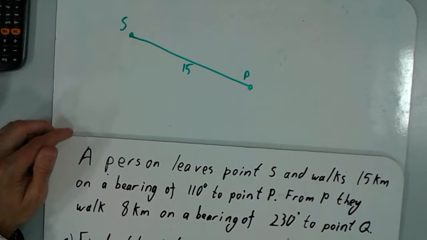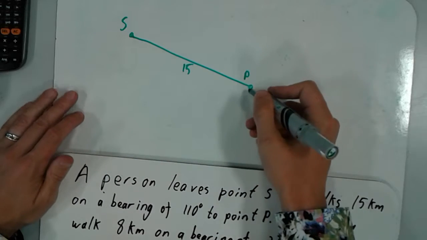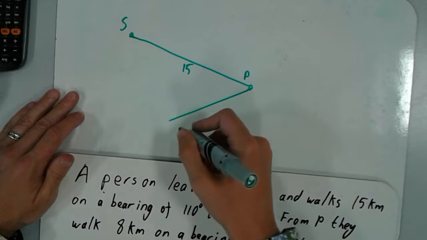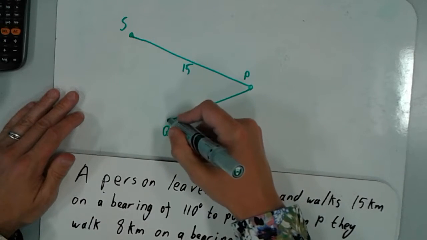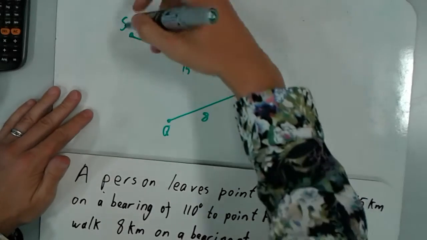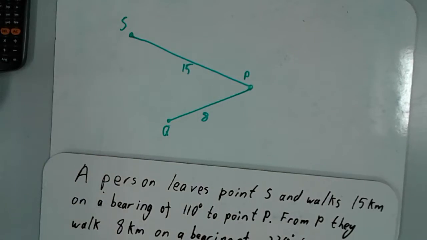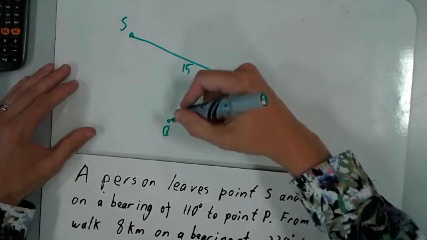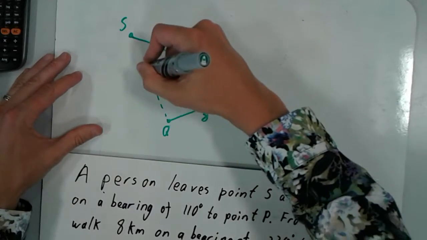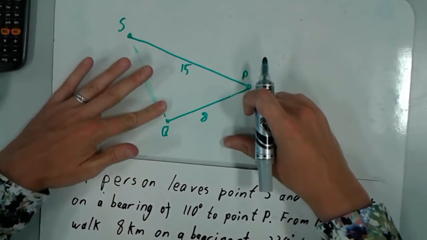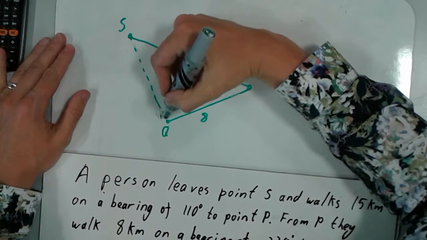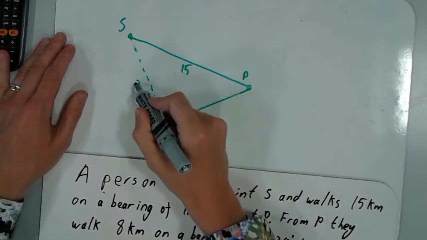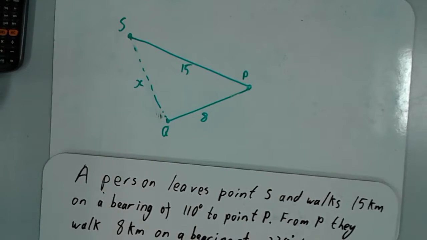Okay, from P, they walk 8 kilometres on a bearing of 230 degrees to point Q. Find the distance from Q to the starting point S. Straight distance, sorry. So we need to find that distance there.